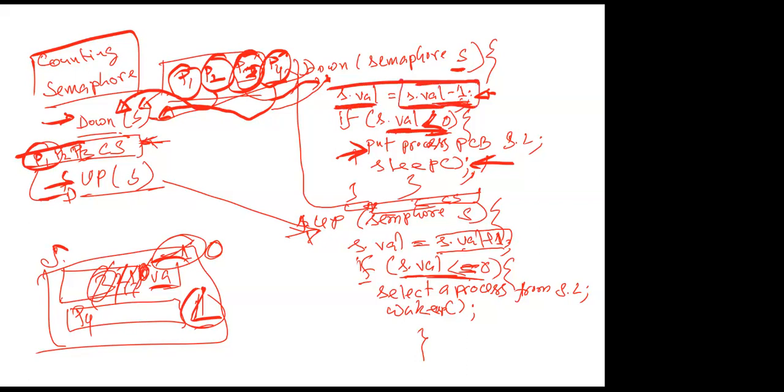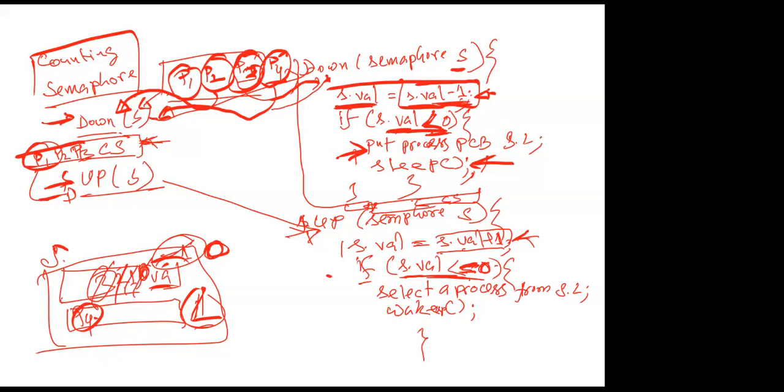So here it is less than 0, but in the up function it is less than or equal to 0. Three processes entered the critical section, and once P1 completes execution, the semaphore value becomes 0. If it is 0, it means one process is already inside the list or queue.